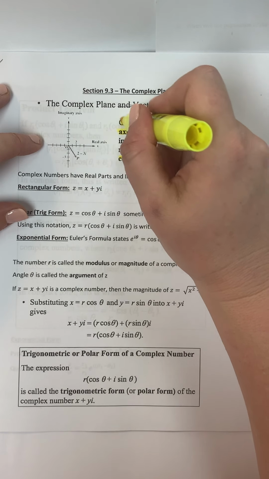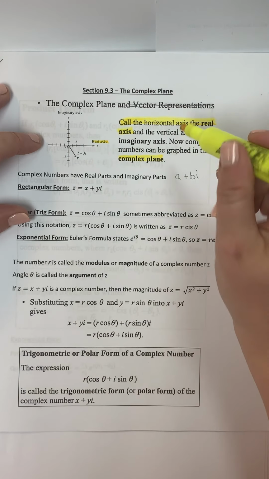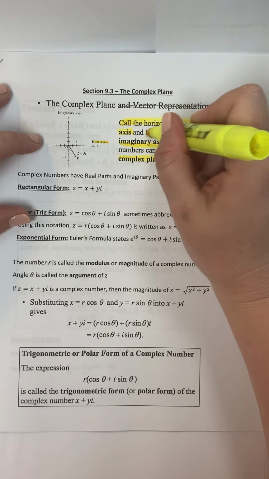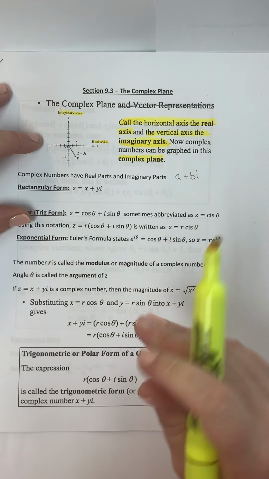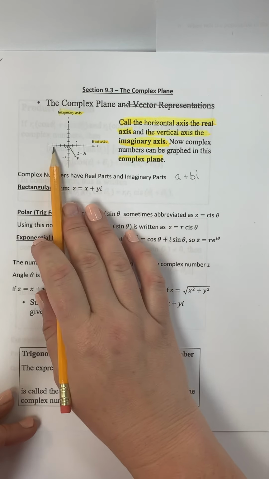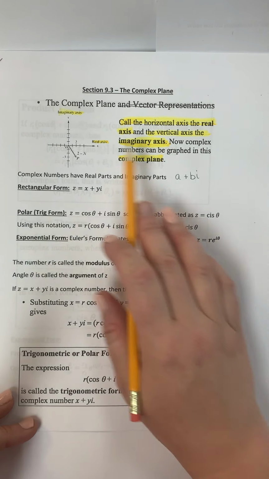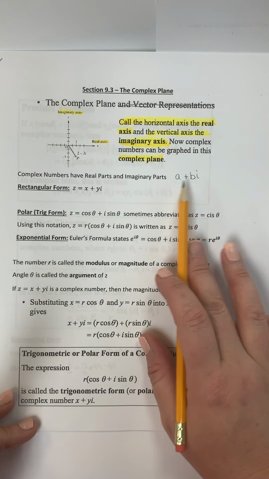This is what the x-axis is now called, the real axis. And we're going to need an imaginary axis, and that's what the y-axis is now called, the imaginary axis. Okay, so these are where the real numbers are going to go, the first component. These are where the imaginary numbers are going to go, the second component.